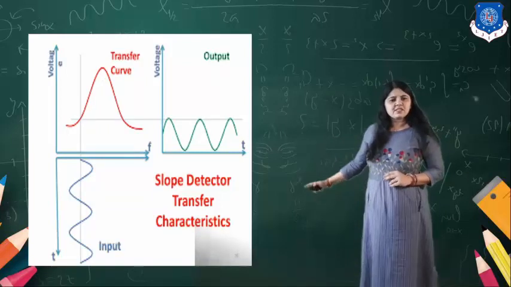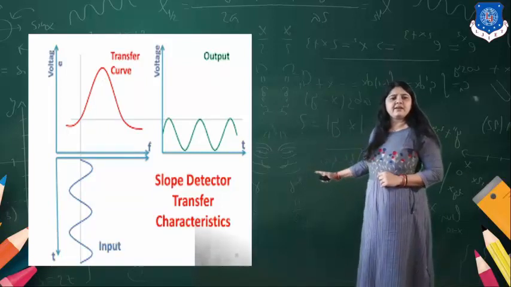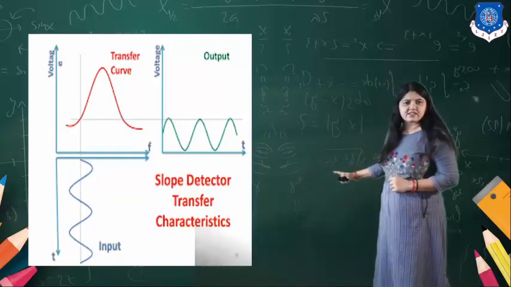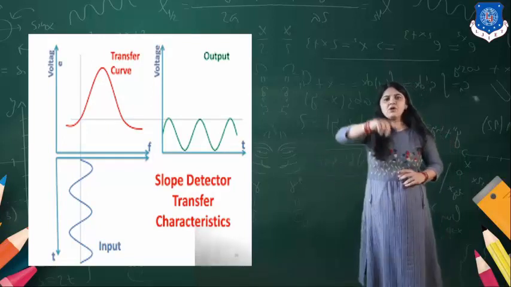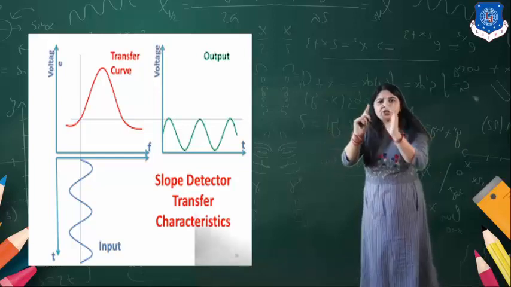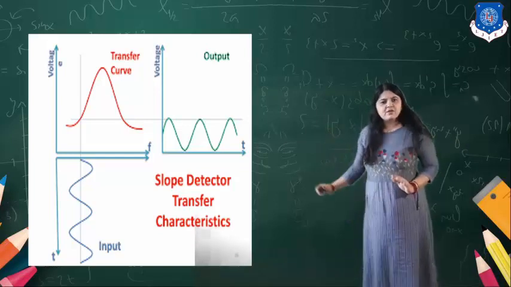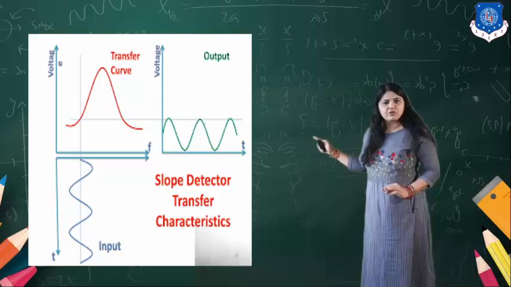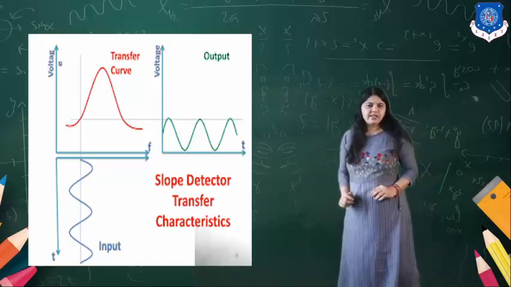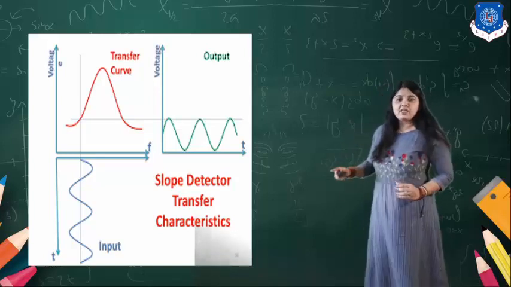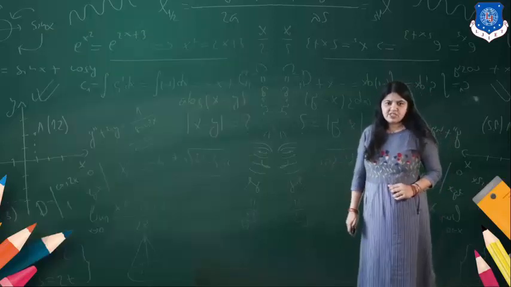So this is the slope detector transfer characteristics. You can see the transfer curve for the output of the tuned circuit, where we have the output voltage, and similarly the variation in the input voltage.